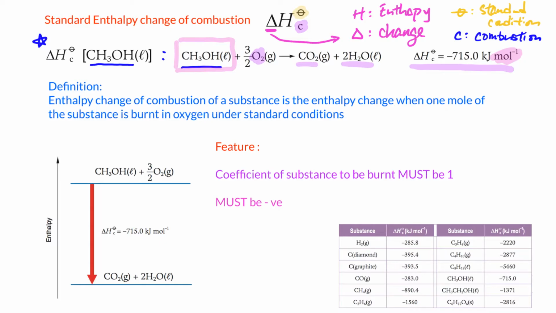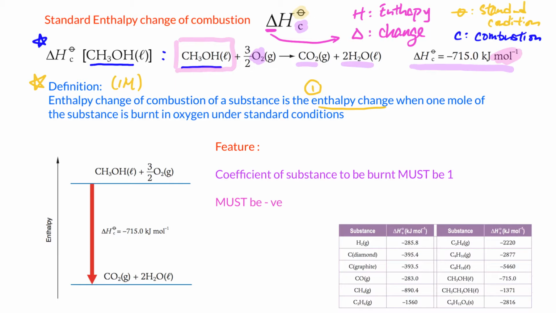715 kilojoules. So your task for this section, number one, you need to memorize the definition. It will always be asked in the public exam, for 1 mark. So what does the enthalpy change of combustion of a substance mean? The definition is composed of 3 parts. The first part is that it is an enthalpy change, because it is a standard enthalpy change.